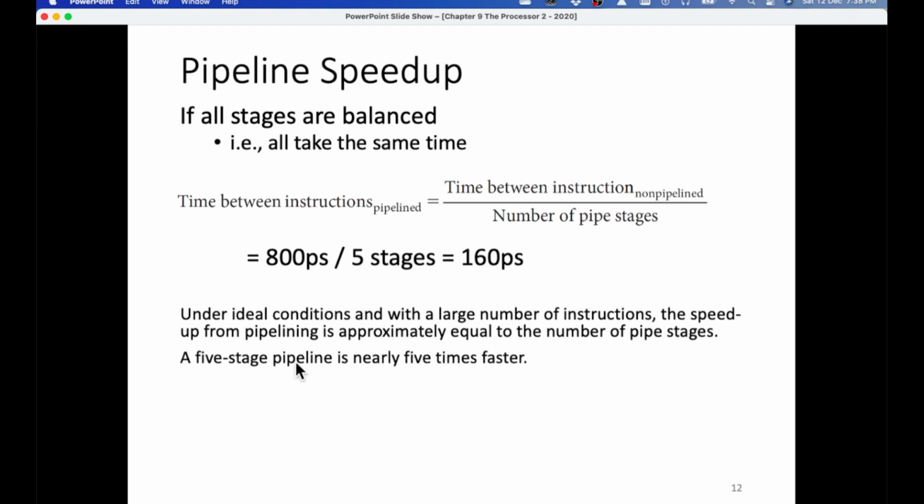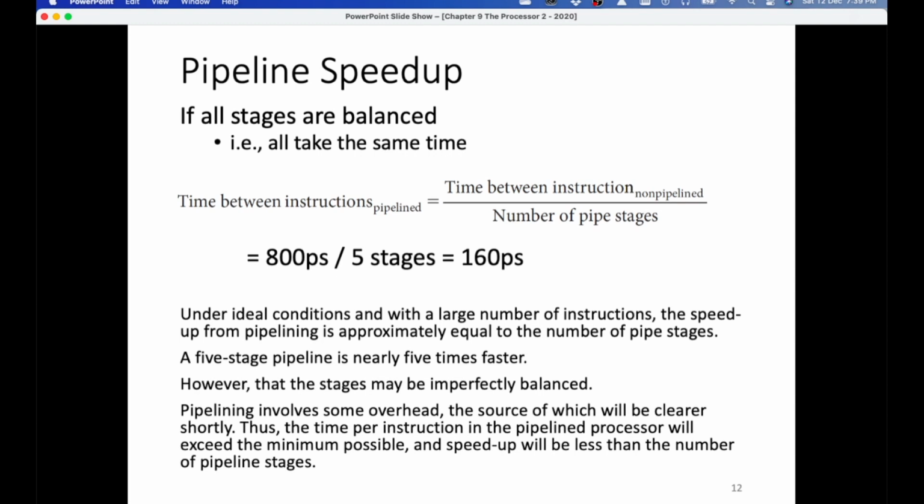In this case, we can achieve up to 5 times faster than non-pipeline. However, there are some considerations we need to take note of. The stages may be imperfectly balanced, as we saw just now: register read or write is only 100, but the other stages are 200. So it is unbalanced. We also need to consider that pipeline involves some overhead, so it's impossible to get this ideal speedup.